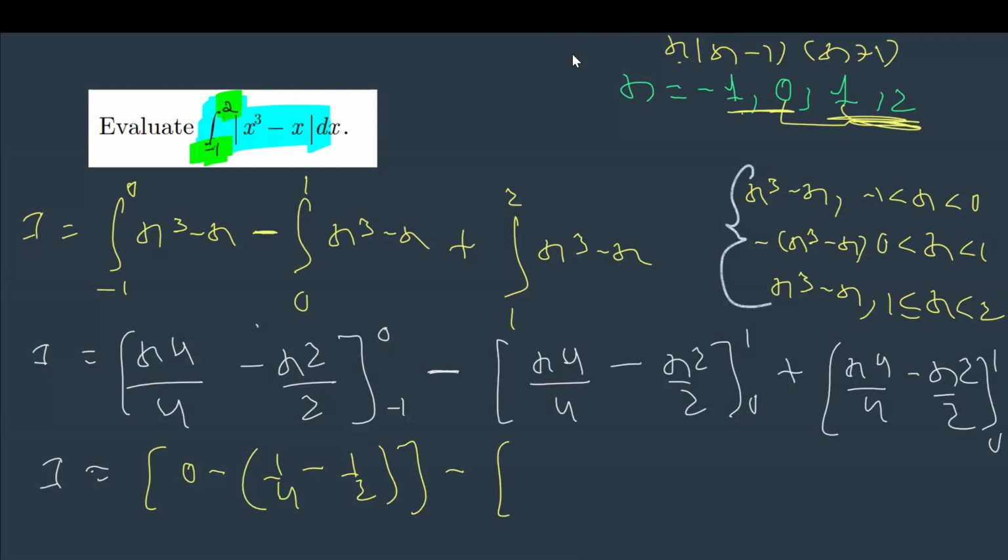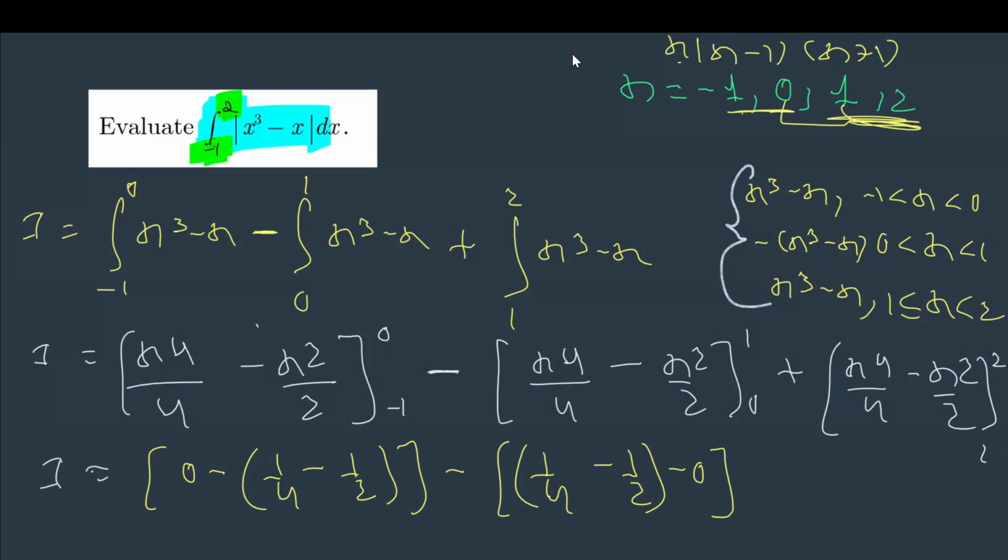Check for the next one. Next we are going to place x as 1, so it will give you 1 over 4 minus 1 over 2. That's for the upper limit, and lower limit clearly it is 0. Right, it's minus 1 to 0 and then 0 to 1, and the last, I made a mistake. Last was 1 to 2.